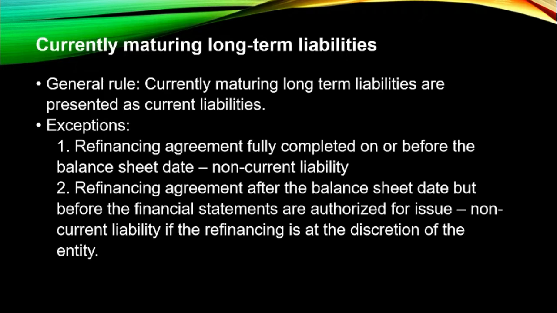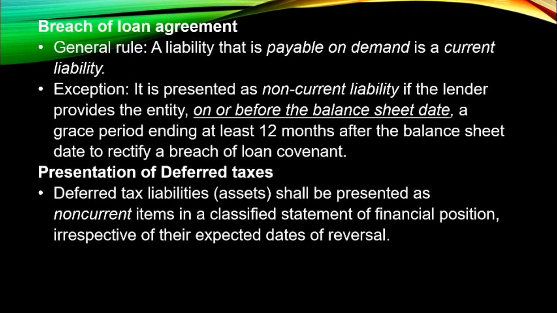A refinancing agreement after the balance sheet date but before the financial statements are authorized for issue is non-current liability if the refinancing is at the discretion of the entity. So these are the exceptions: you could not present the currently maturing long-term liability as current if they are within these two exceptions to the rule. So they are still a non-current liability.